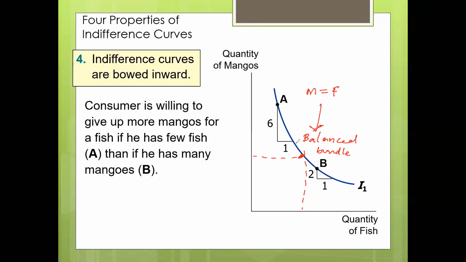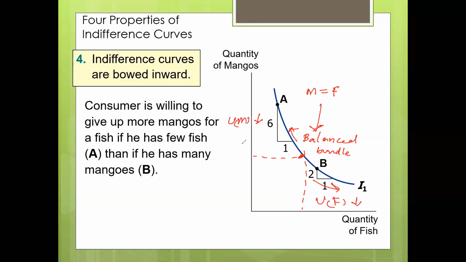If you move up where you have more mangoes, the happiness from mangoes will fall, because of the law of diminishing marginal utility. And if you go this way, the utility from fish will fall because of the law of diminishing marginal utility.